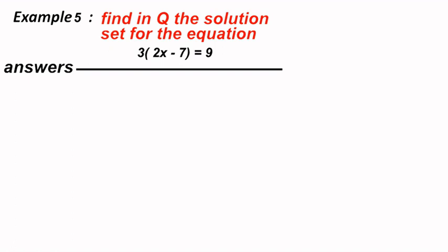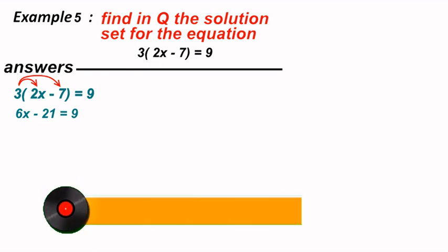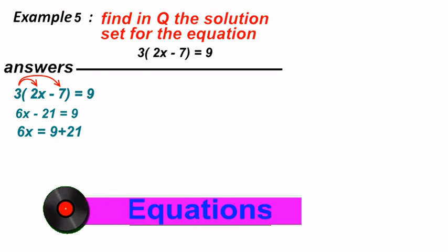So before solving this equation, you have to remove these brackets by multiplying 3 by the two terms inside the bracket. 3 times 2x and 3 times 7. 3 times 2x equals 6x and 3 times 7 equals 21. And 9 stays as it is. 6x minus 21 equals 9.